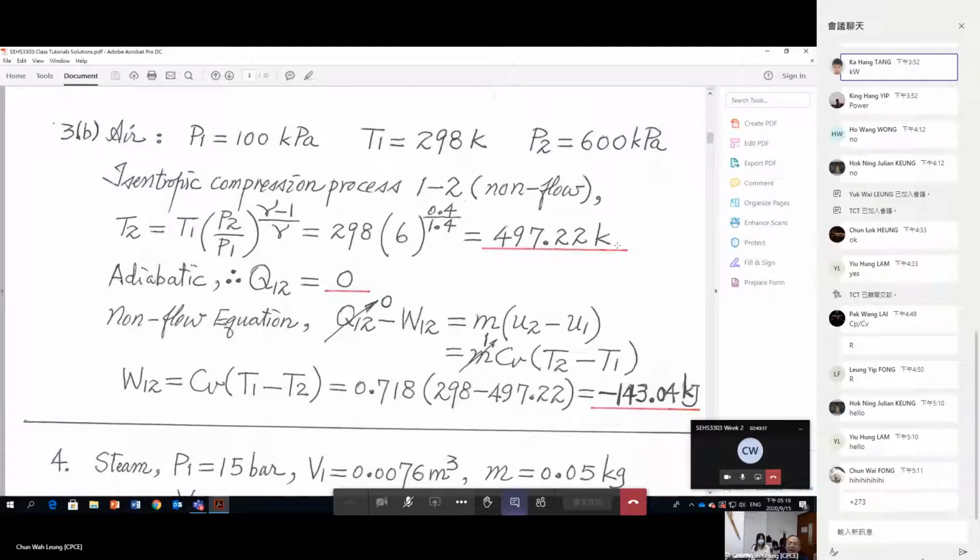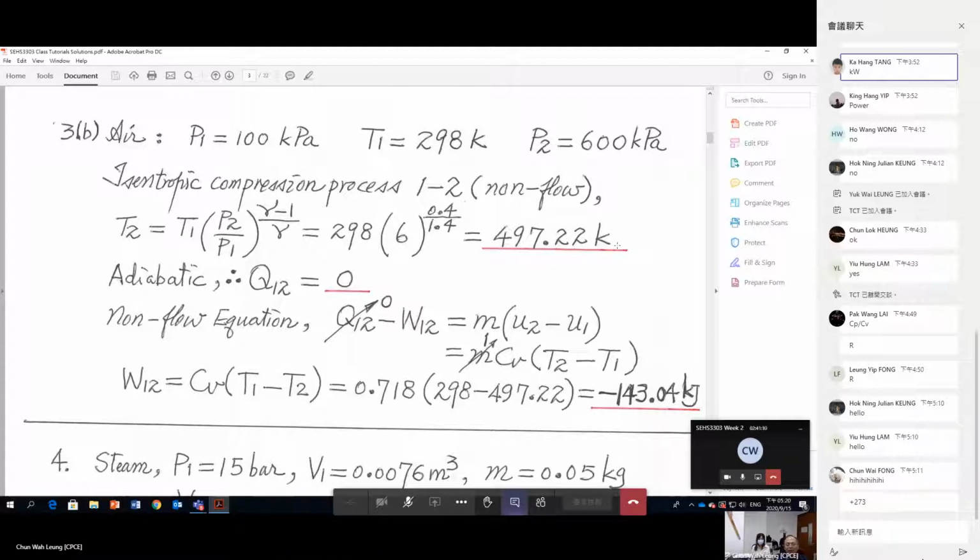And then we start to tackle the heat and work. Now, adiabatic process, you do not need to do any calculation, because adiabatic, this word already means that there's no heat transfer. So therefore, heat transfer is 0. Then we put it back into the flow equation.